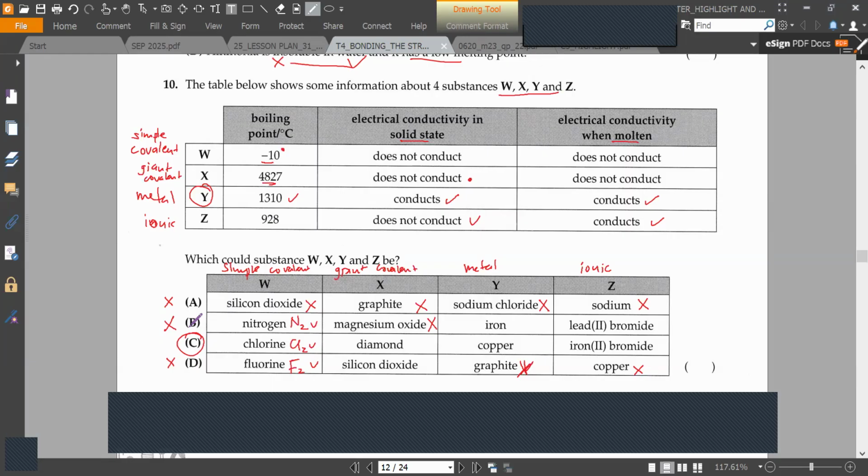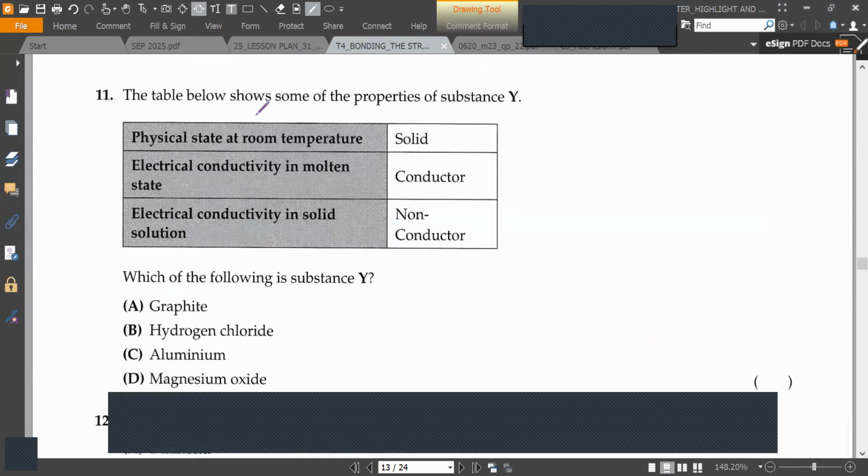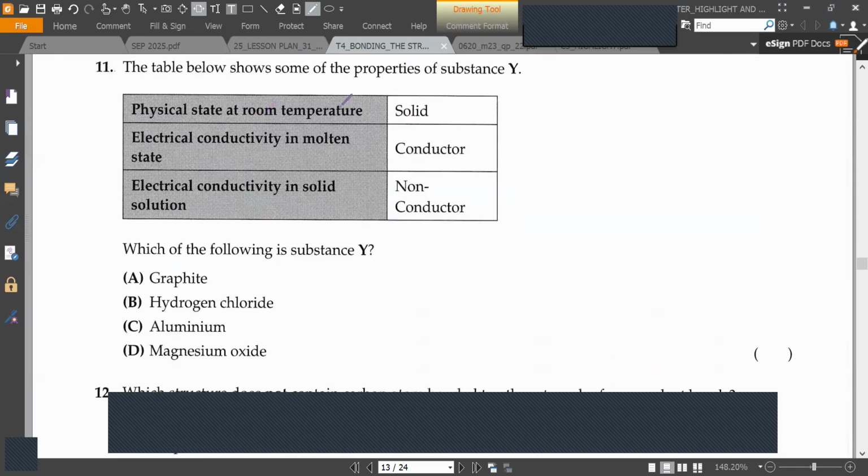Okay, next one, question 11. Properties of substance Y: physical state at room temperature is a solid. Electrical conductivity in molten state is conductor. In solid state, it's a non-conductor. So we know it should be ionic. Conductor in molten state, non-conductor in solid state, so this is an ionic compound.